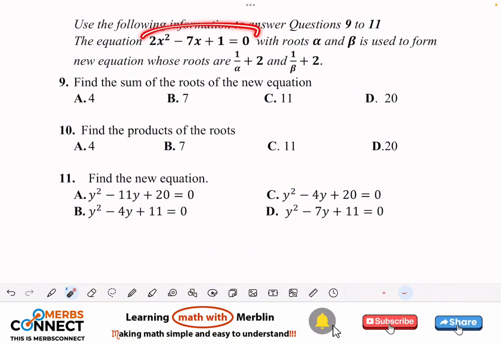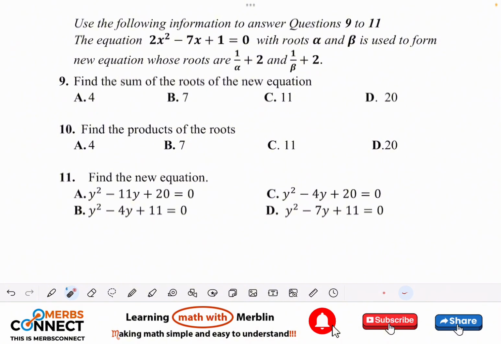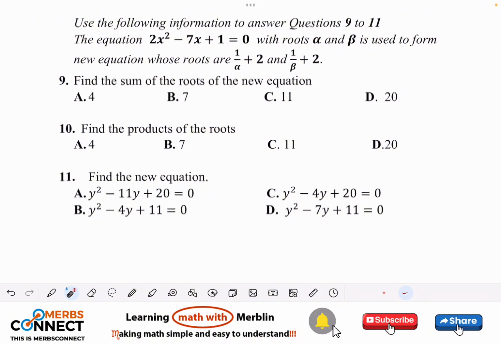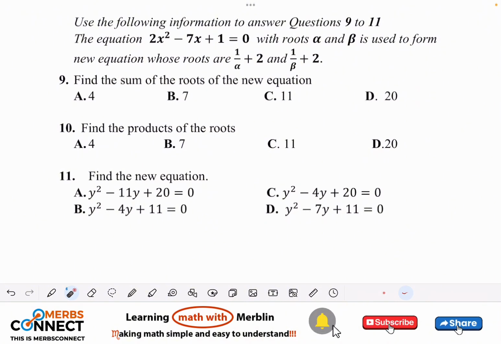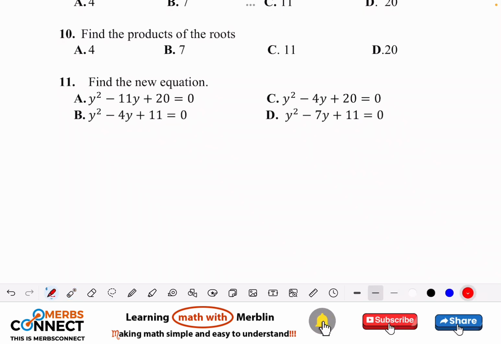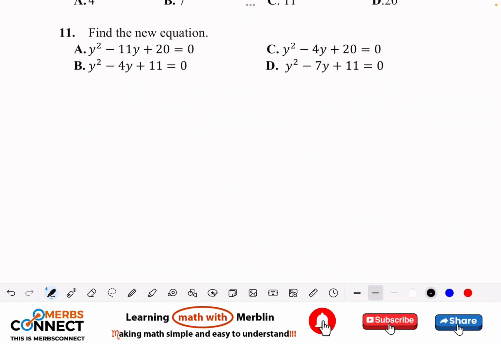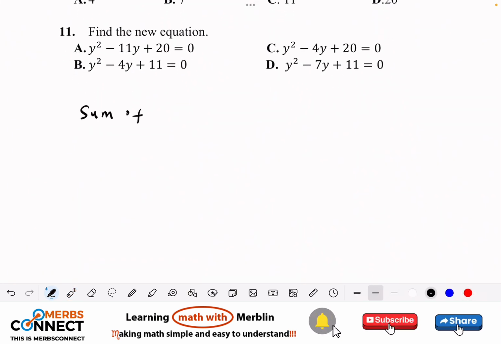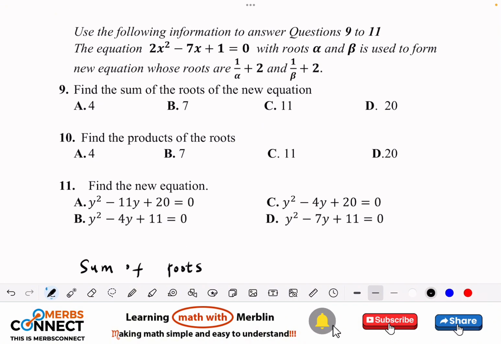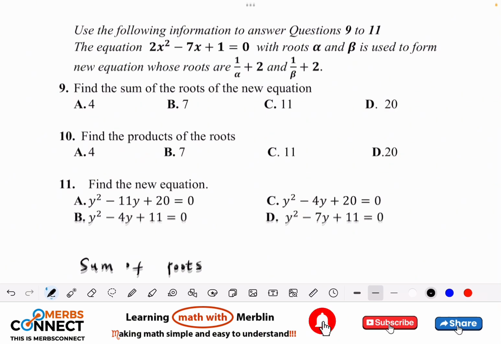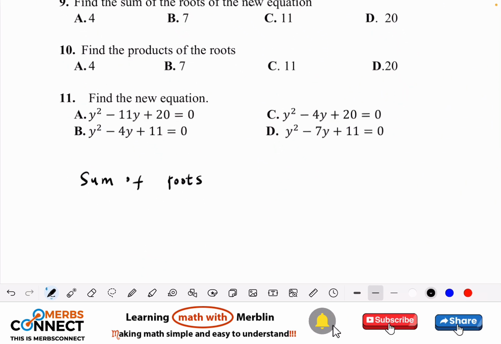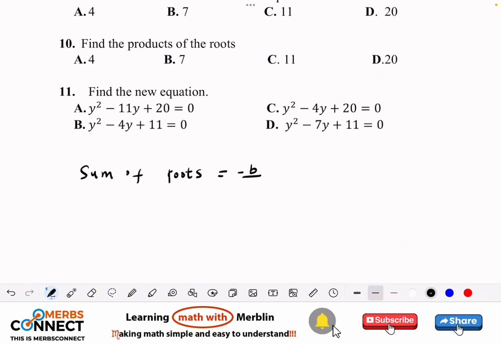So now this is the equation given and we want to find a new equation, right? For us to find the new equation, we need to find the new sum of roots and the new product of roots, right? So what will be the sum of roots? Now we know that sum of roots, this is quadratic, so this is minus b over a, right?